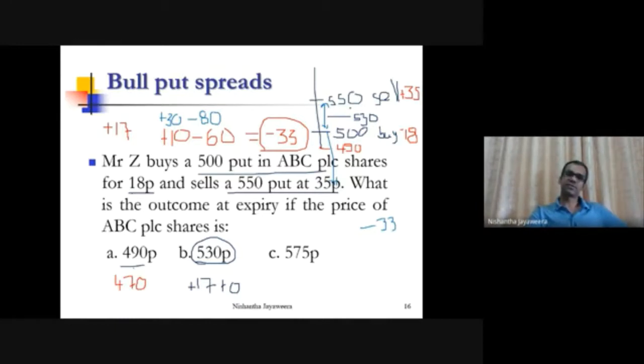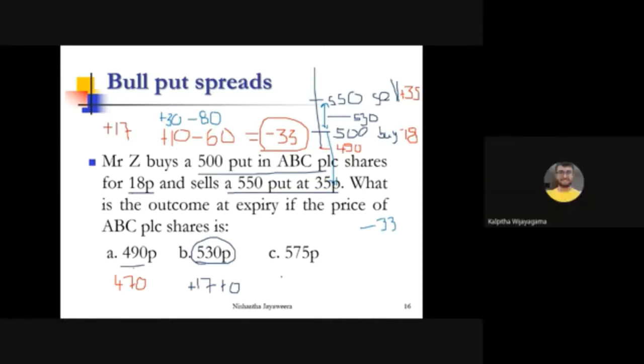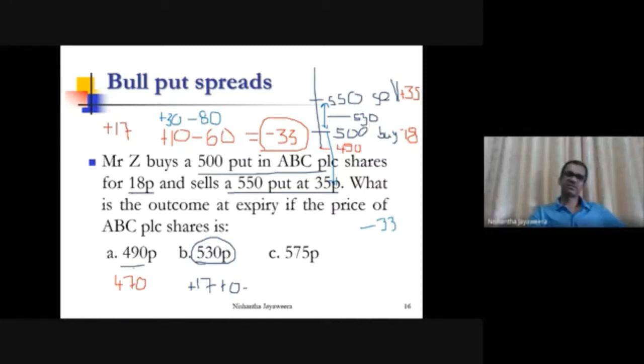Then what is the outflow? Minus 20, 550 and 530. So still you lose 3. That's the outcome.